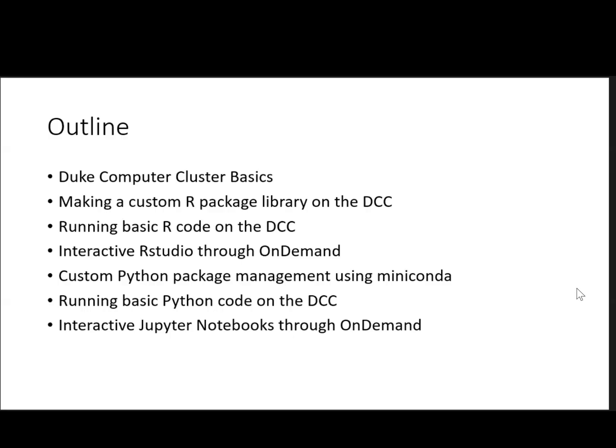You might see that term a lot if you try to Google things related to this. And that means that you're getting another computer to run things. So Duke has a lot of computers that we can use as students or staff. And so it seems like you're running code from your computer, but it's actually happening somewhere else. And that lets you use a lot of resources that you wouldn't have on your computer.